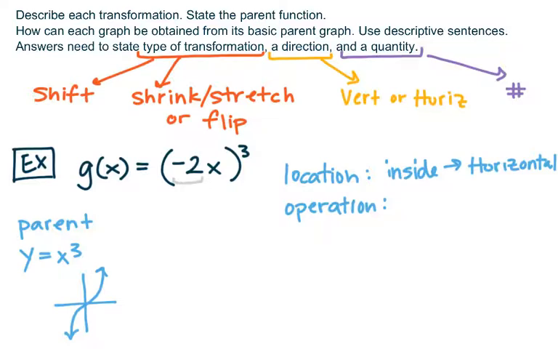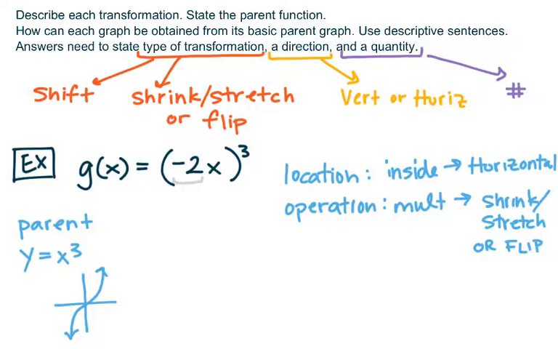All right, and then the operation. So the operation we're dealing with here is multiplication. Multiplication lets me know it's either going to be a shrink or a stretch, and then possibly we could have a flip or reflection. So this is going to be a horizontal shrink or stretch.